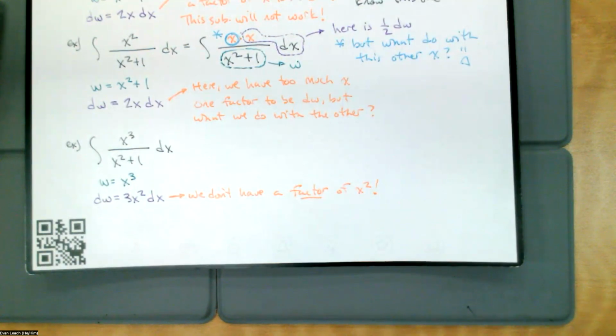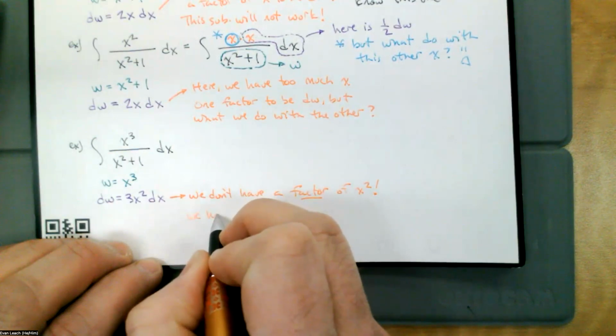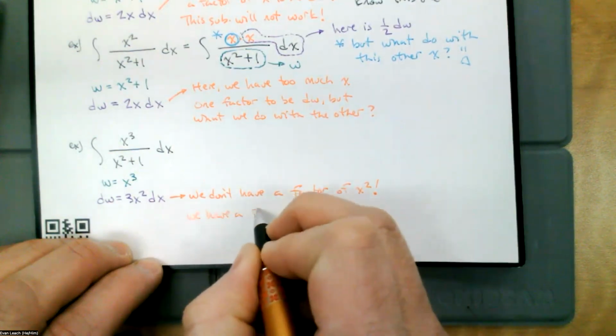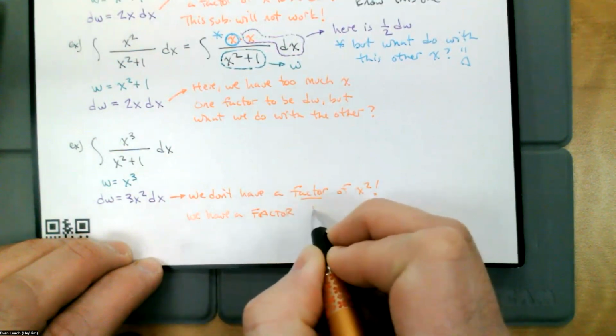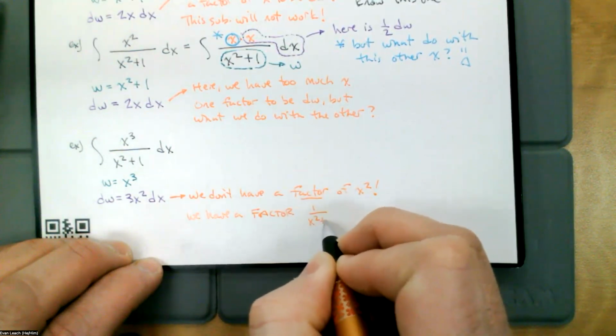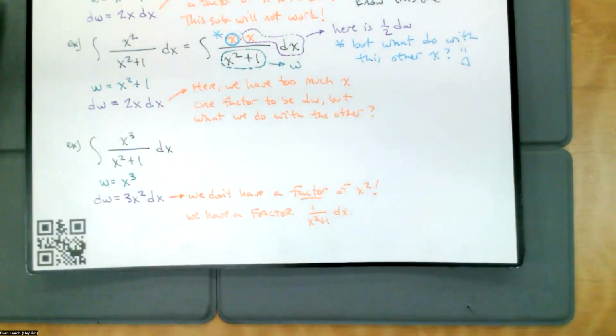Not only does that x squared have a +1 attached to it, it's in the denominator. We have a factor of 1 over x squared plus 1 times dx.